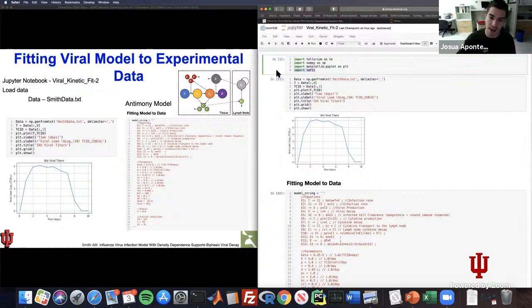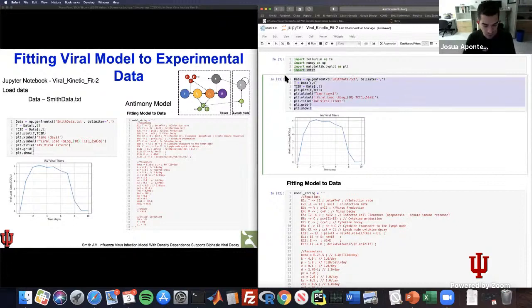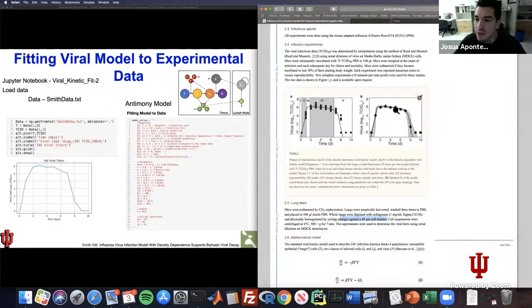The first thing it does is load the data, which is the data I digitized. It corresponds to these data points here.